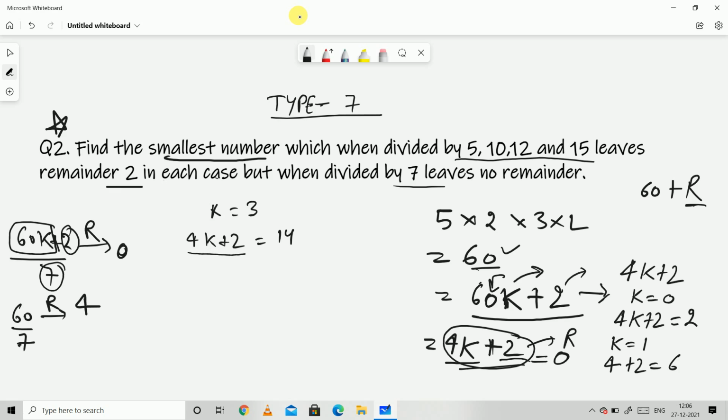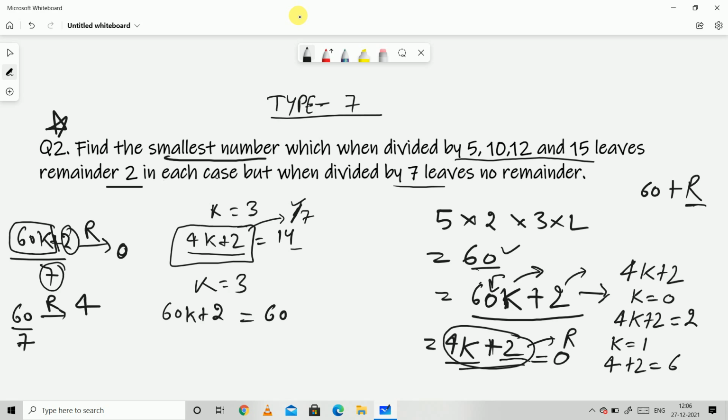So now 4k plus 2 also became completely divisible by 7. That is, this remainder part is now also completely divisible by 7. Therefore, this also won't remain as a remainder anymore. Therefore, k should have the value 3 for 60k plus 2 to be completely divisible by 7.